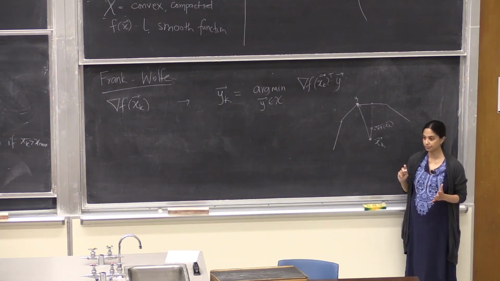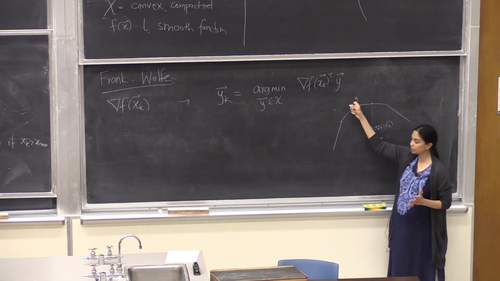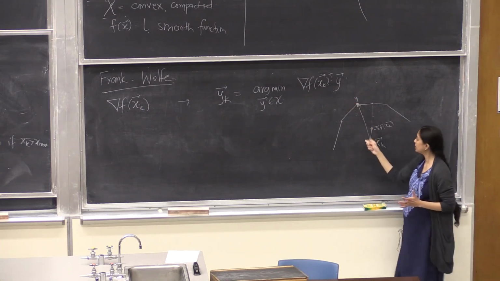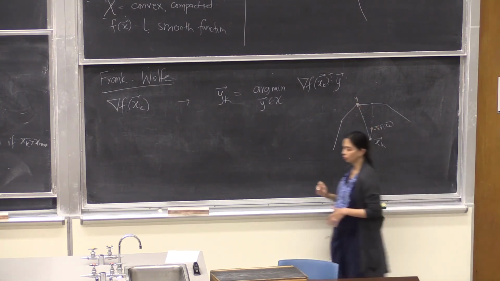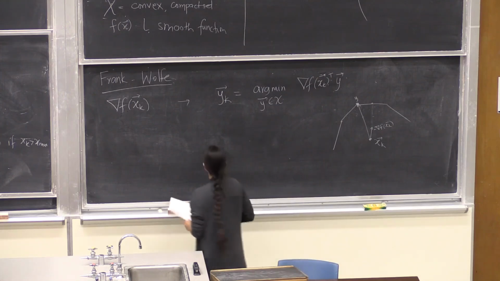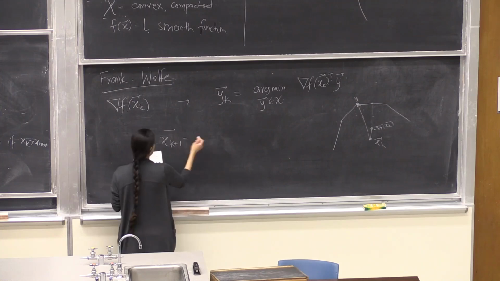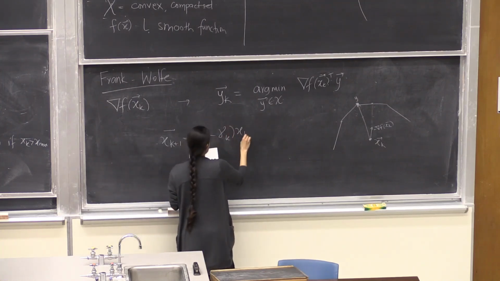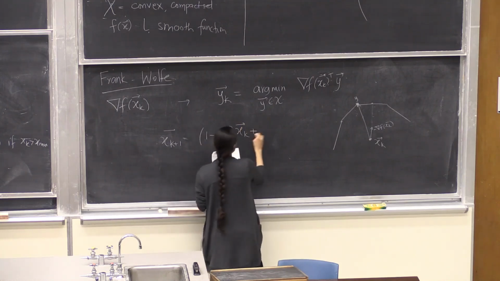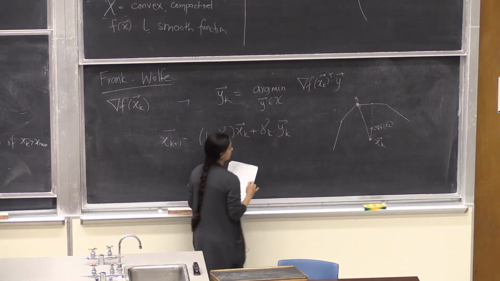Do you see that? And so what I'm going to do is choose this y, and then take a step in the direction of this y. So what I get is xk plus 1 is equal to (1 minus gamma k) times xk plus gamma k times yk.